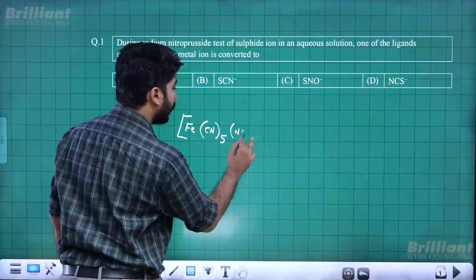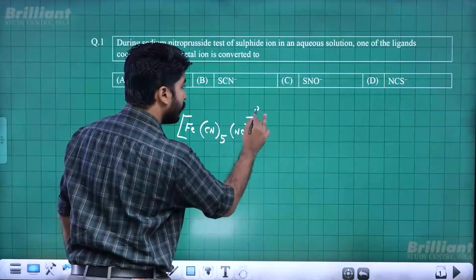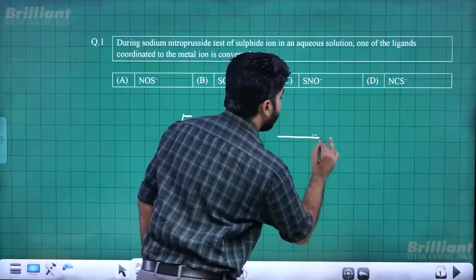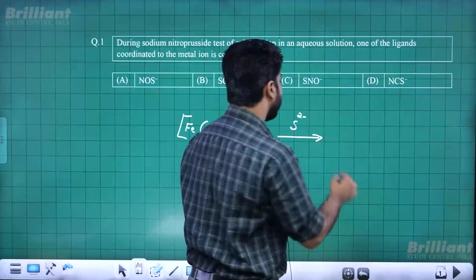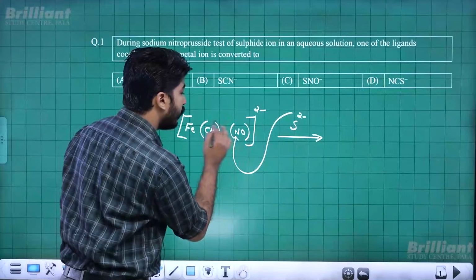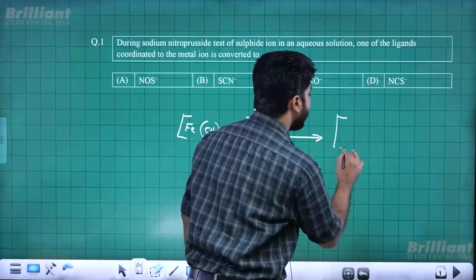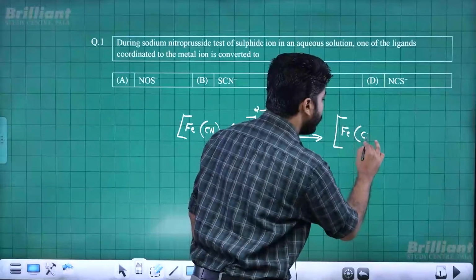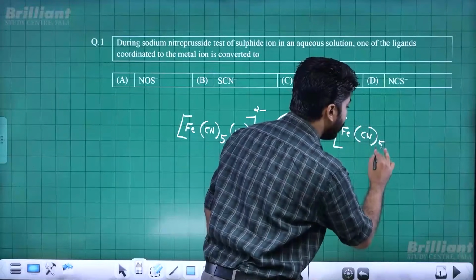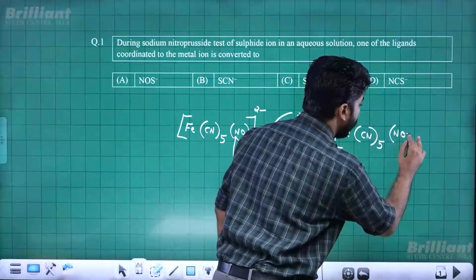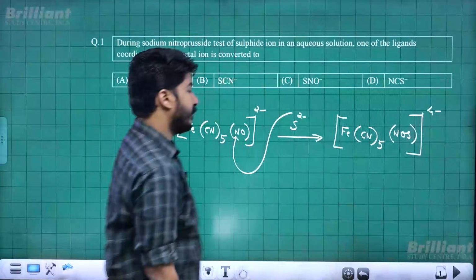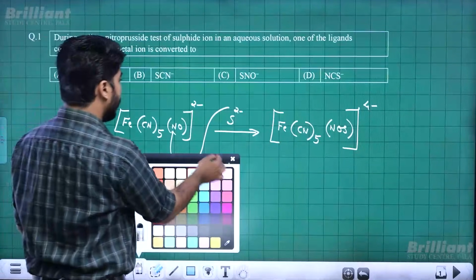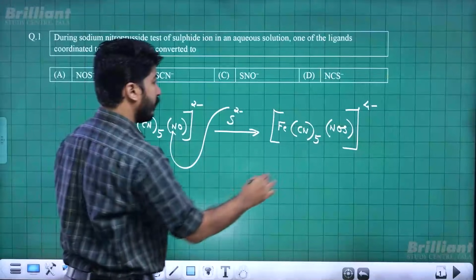This is nitroprusside, and if sulfide ion is present in the aqueous medium, then this goes into the NO ligand and the complex is converted to a purple colored one of this form. So NO+ ligand is attacked by S2- to form NOS-.